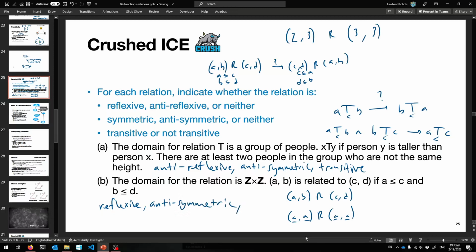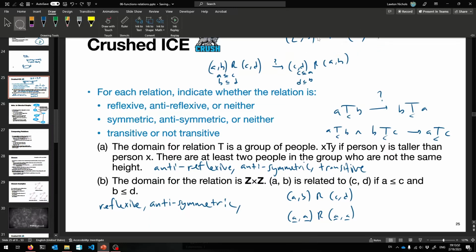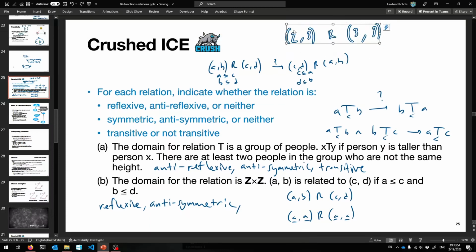And then finally, is it transitive or is it not transitive? So let's see here. Maybe we can use this example. Again, you shouldn't just generalize from examples, but this will give us enough firepower, I think.